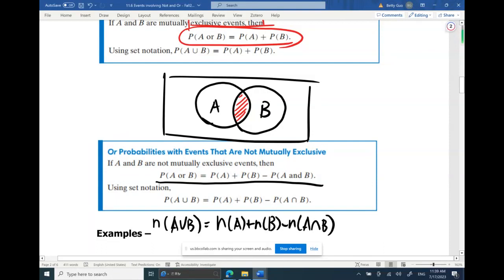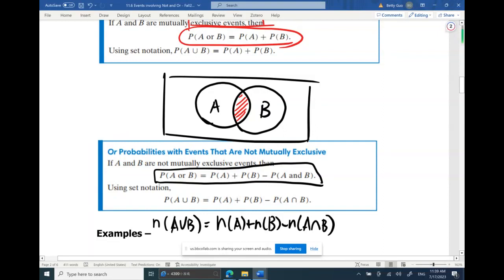And the area of the set also is proportional to, or related to, the cardinal number of the set. So that's the formula we need to use to compute the probability of A or B.